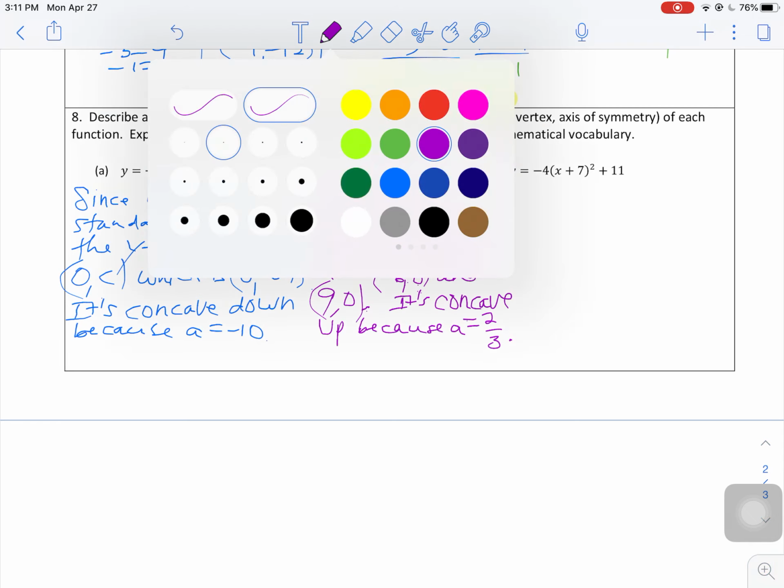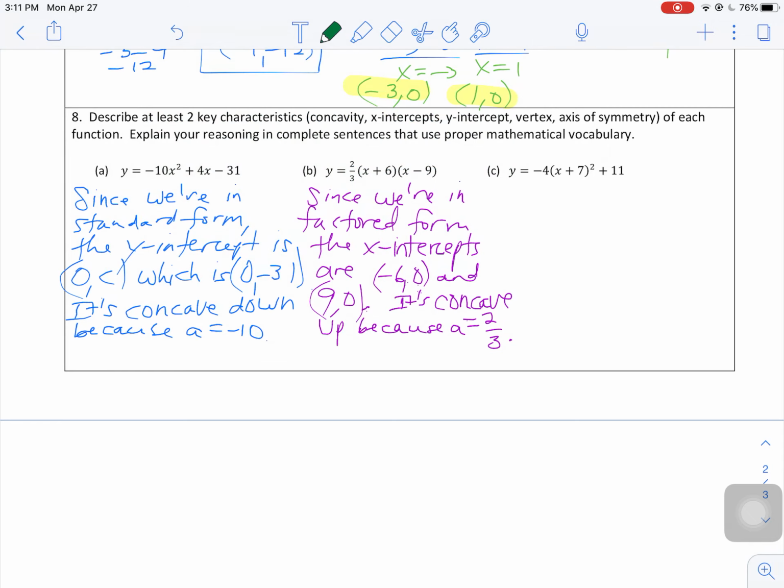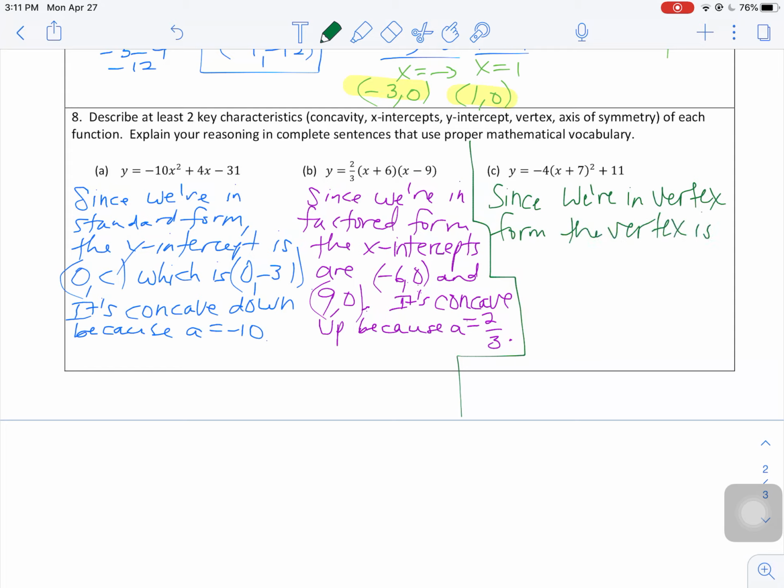And then that last one is in vertex form. So we'll be able to get the vertex, the concavity, and the axis of symmetry. So since we're in vertex form, the vertex is always the opposite of the number inside the parentheses, and then it matches the number in the back.